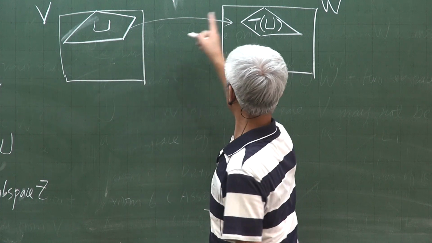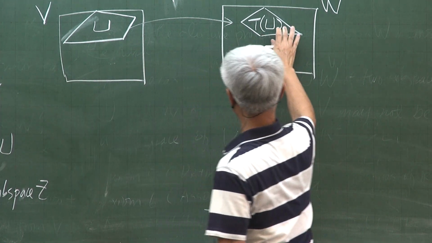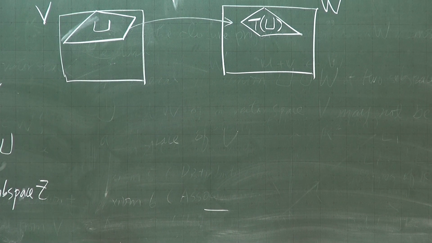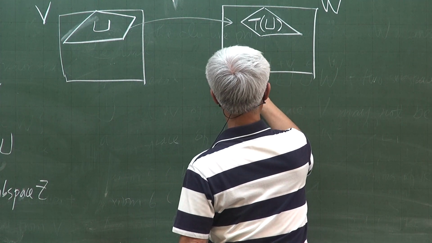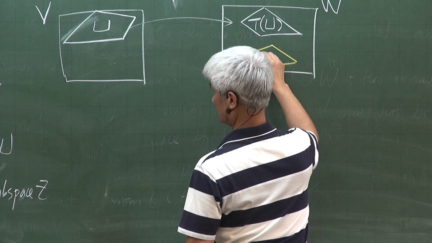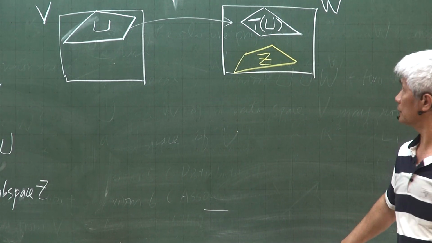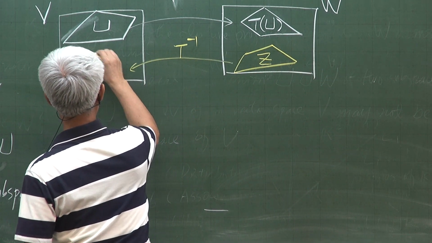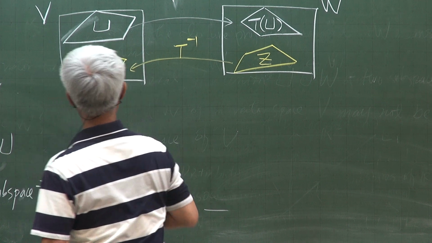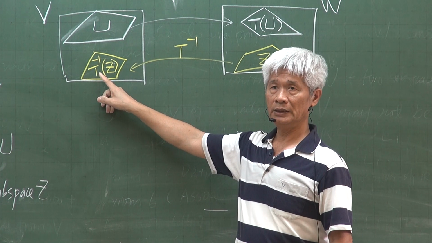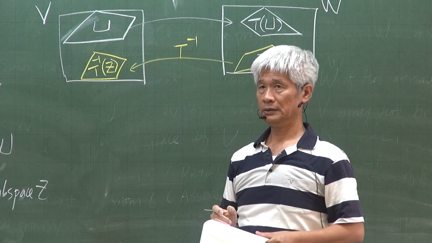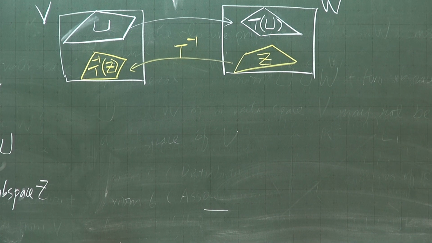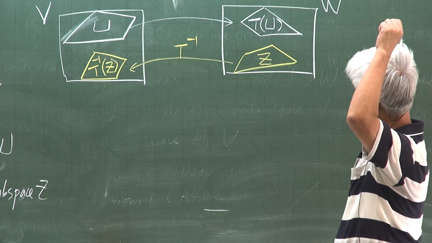Now, if U is a subspace of V, then its image T of U is a subspace of W. A subspace Z of W, when we take its inverse image, then the inverse image of Z is also a subspace of the domain V. So if the function is a linear transformation, then we have a nice property-preserving effect.